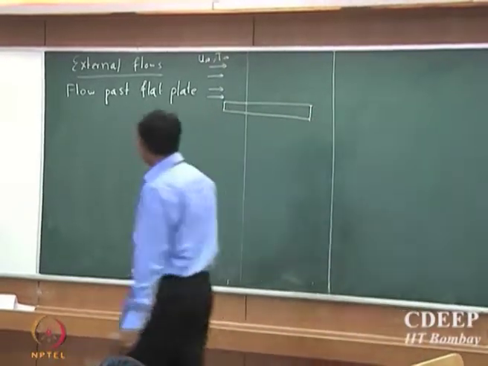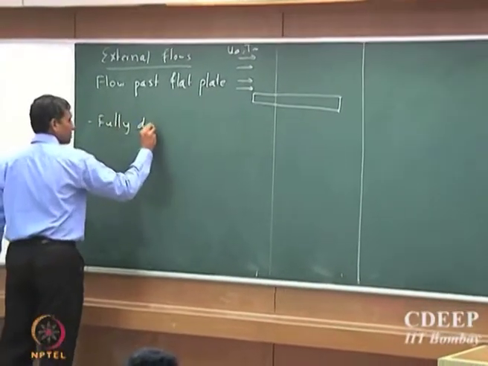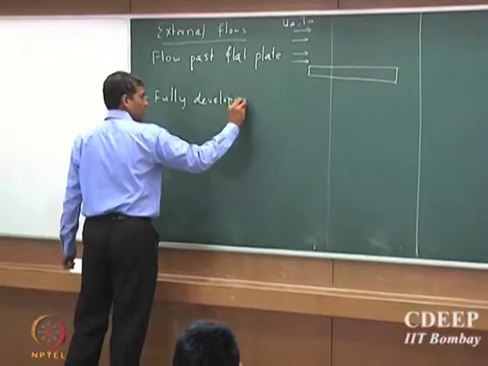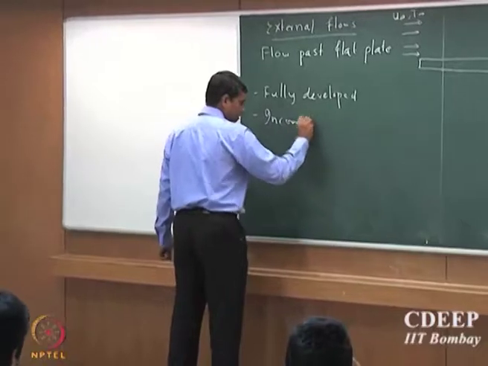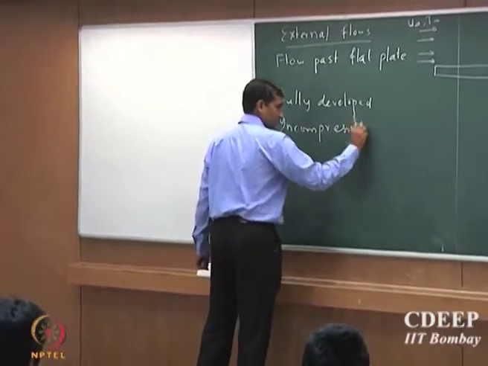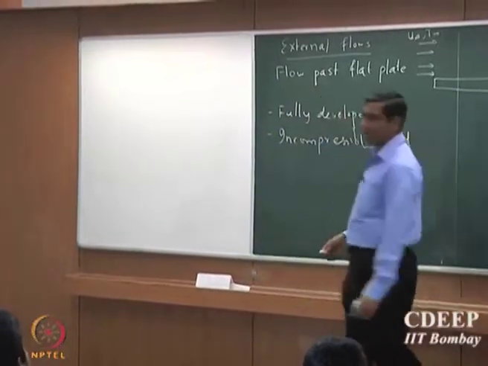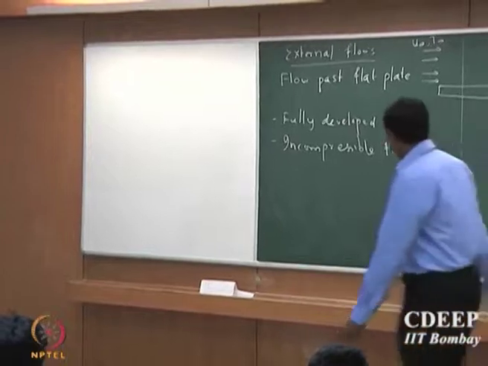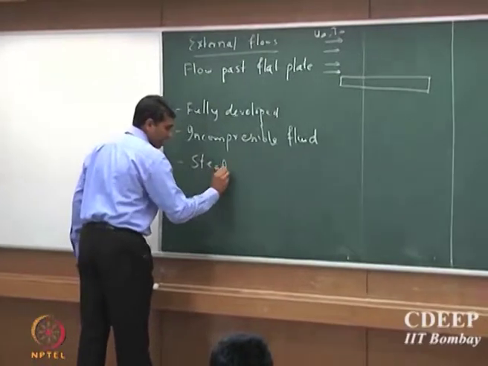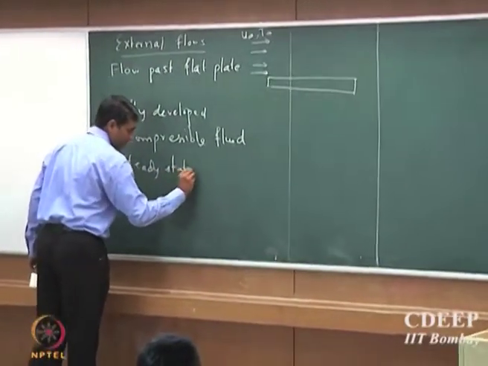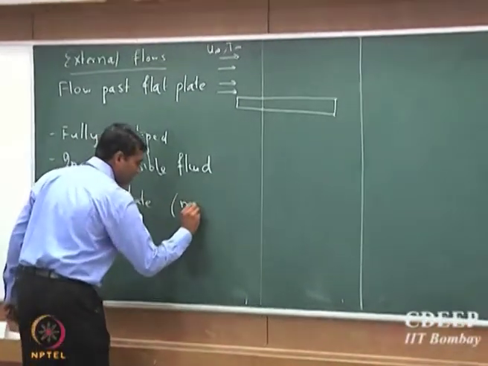So, if we assume that the flow is fully developed, and it is an incompressible fluid, and if we also assume that it is at a steady state, and not just that, if we assume that there is no acceleration.